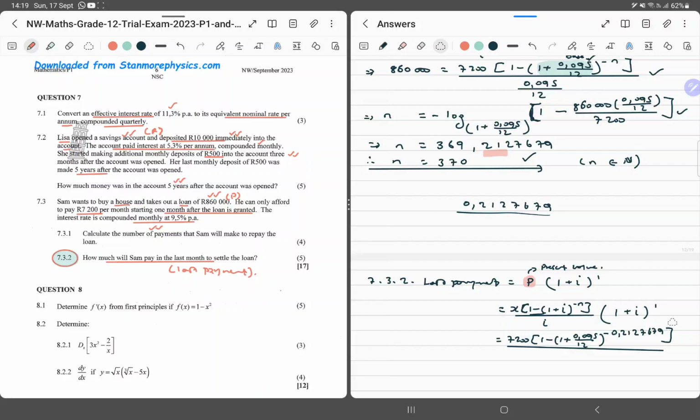Maybe let's move it because it's going to be creating issues for us. Don't worry that my equal signs are starting to drift apart. Unfortunately, I don't have a choice here. So this is 0,095 over 12. I'm a bit careless now, guys.